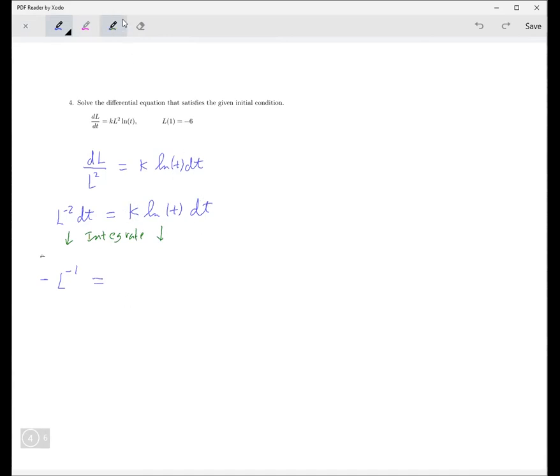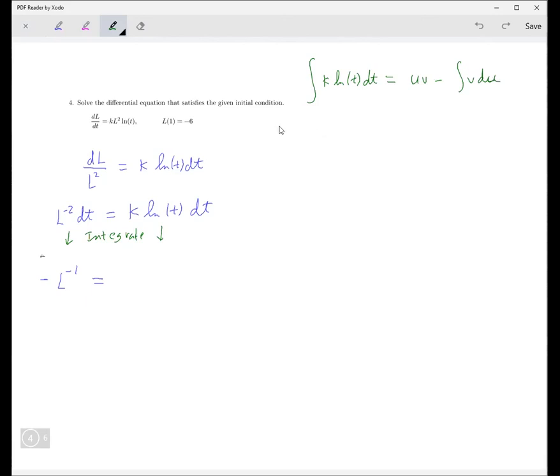Okay, over here, this one you can do by integration by parts. Let me do that over here. We're going to use integration by parts.